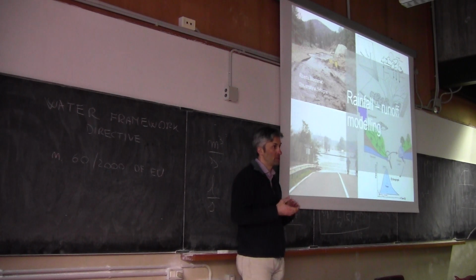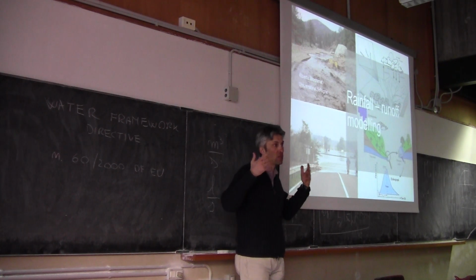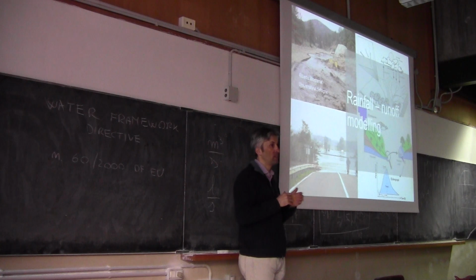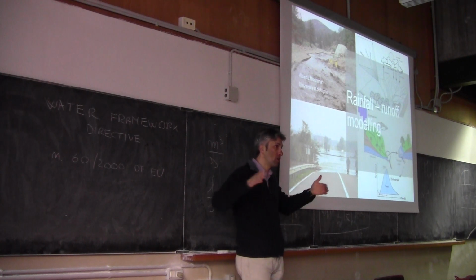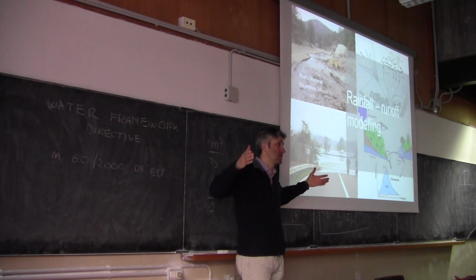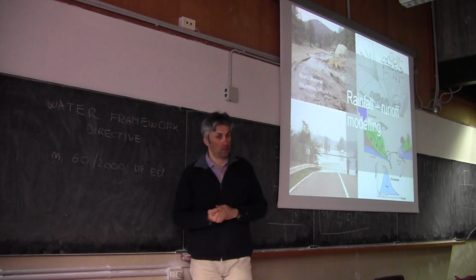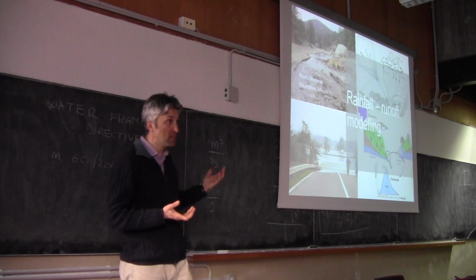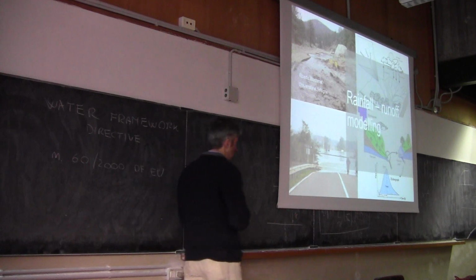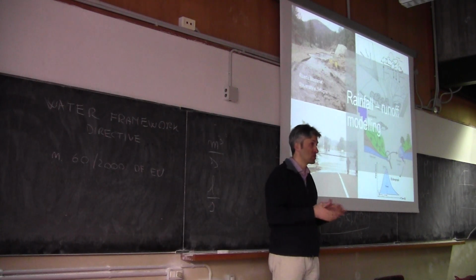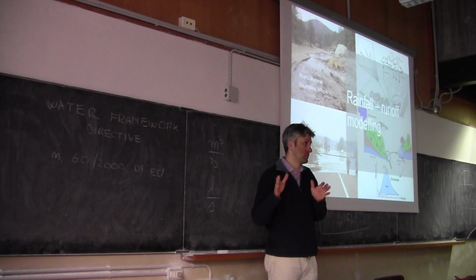And therefore, this means that to get a reliable estimate of mean rainfall at a given time scale, you need a long series of data because of this variability of rainfall. Rainfall is much varying in space and time.